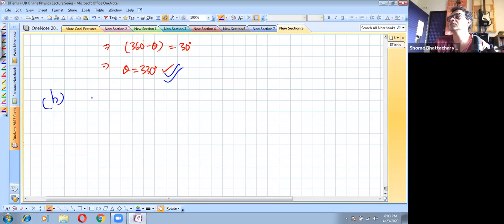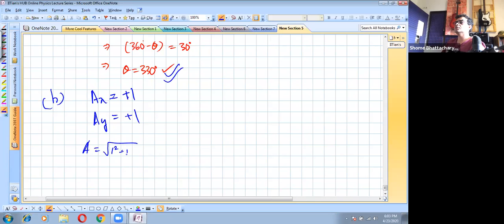The second part you can see that Ex is +1 and Ey is also +1. So that means magnitude of the vector E is square root of 1 square plus 1 square or √2. And you can see that both are positive, so it's lying in first quadrant. So tan theta is 1 and it's in first quadrant.